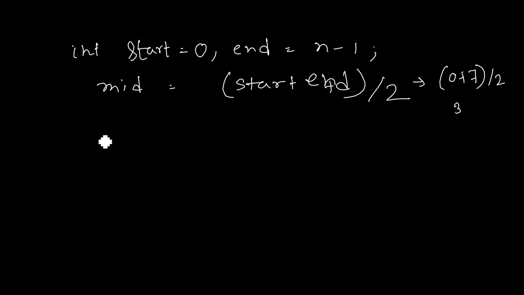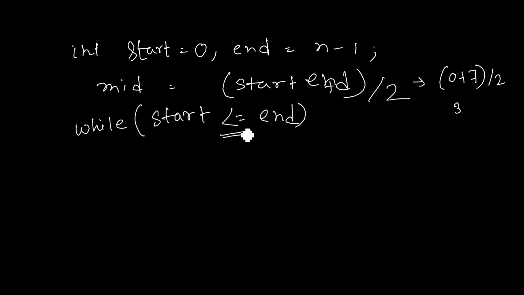Now next we will just run one while loop, because we are just doing the same thing again and again. And here we will give the condition start is less than or equal to n. Why less than or equal? Because there can be one candidate, and at that time the start and end value will be the same.